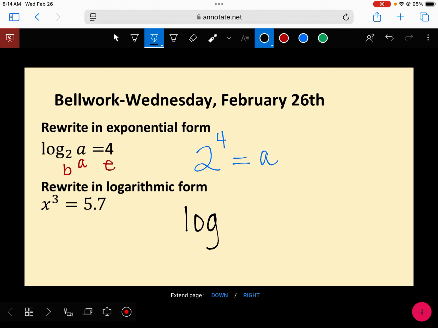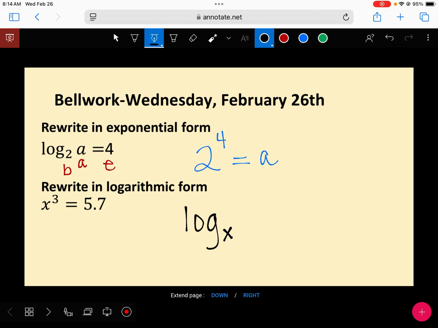The base of the exponent is the big number, or this time it's a letter. X. So it would be log base X. Then make sure that X looks like it's stomped down in the dirt. It should look like it's under the log.